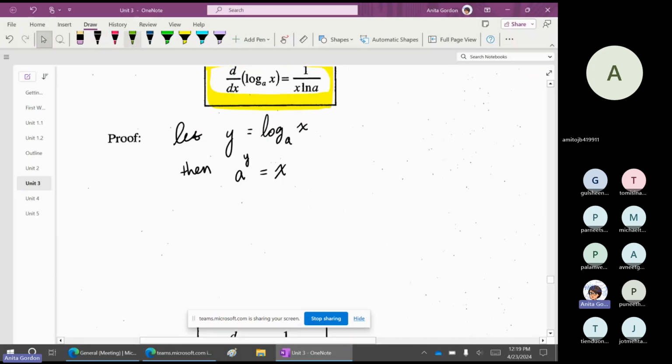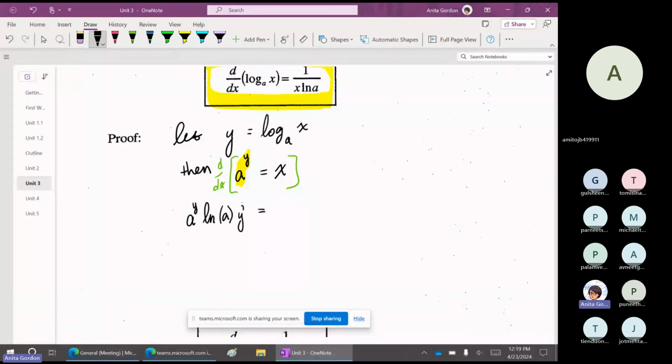Okay, now if I take d by dx of this, what would I get? What's the rule for exponentials? a to the y ln a, thank you, then y prime, right.